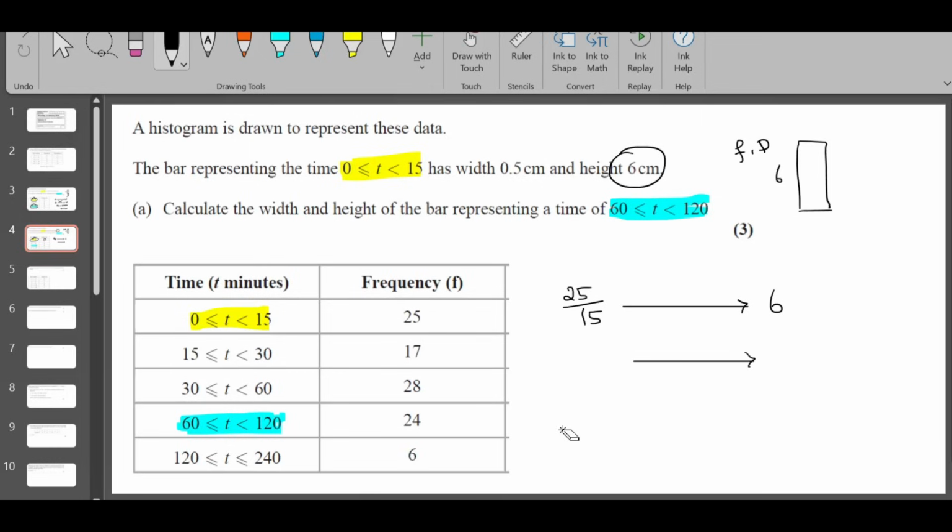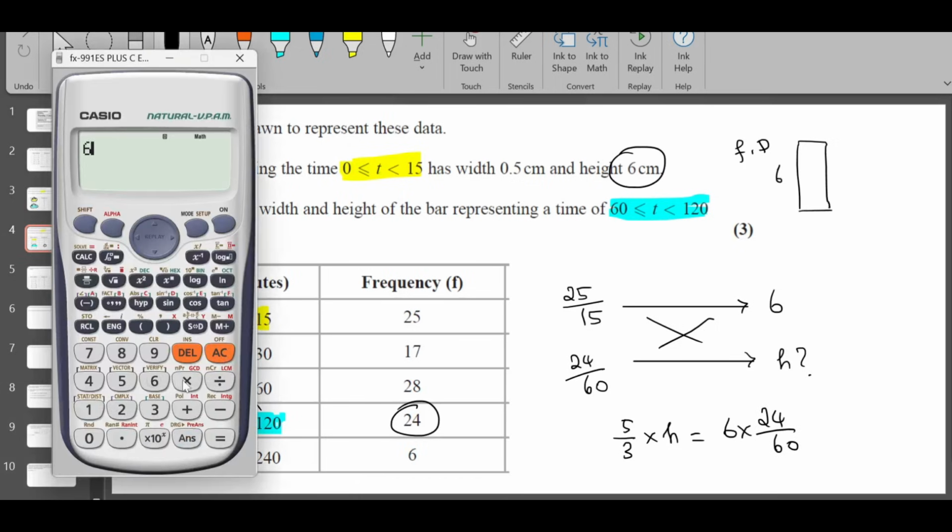For the other bar, the frequency density is 24 over 60. What is the height on the histogram? Cross multiply again: 25 over 15, which is 5 over 3, times H is 6 times 24 over 60.